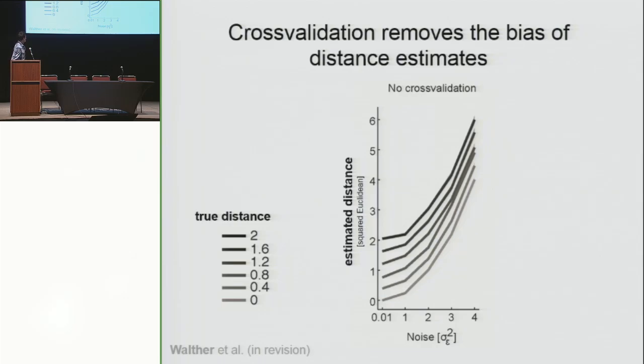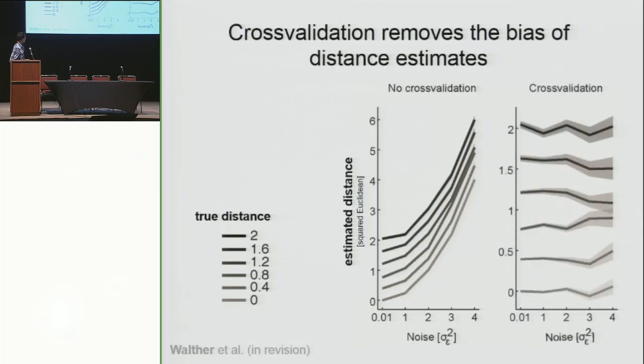So here's a demonstration on that from a simple simulation in an upcoming paper by my graduate student Alexander Walter. So here the true distance is in different shades of gray here. When the noise level is essentially 0, you just estimate the true distance correctly, even without cross-validation. But then as the noise goes up, you get this bias, and all the distance estimates go up.